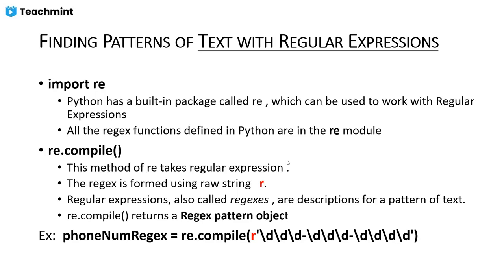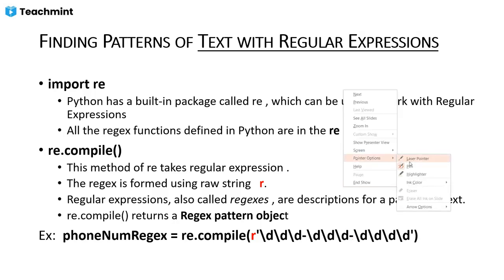You can see here, this is an example. Here I consider an example of a standard US phone number, where the first three are digits, followed by a hyphen, the next three are digits, again followed by a hyphen, and the last is a four-digit number.